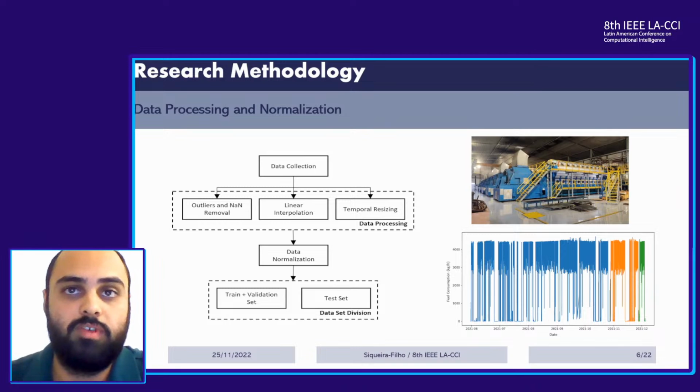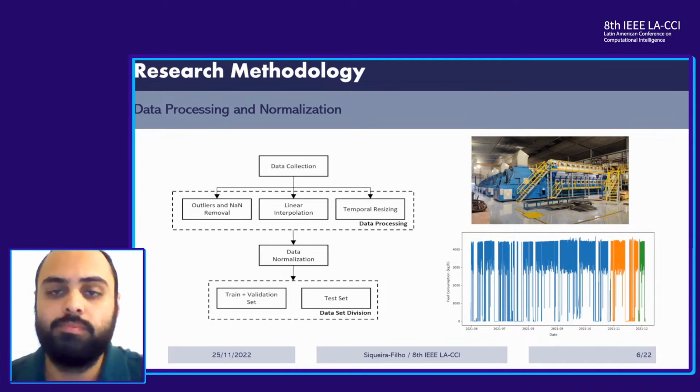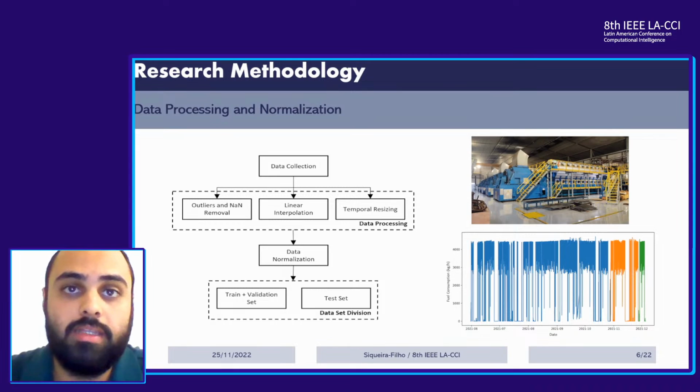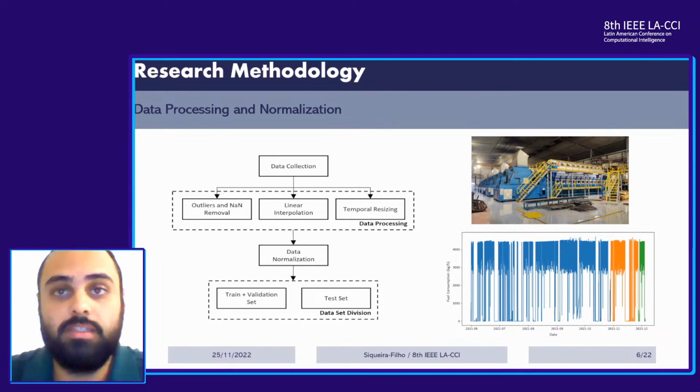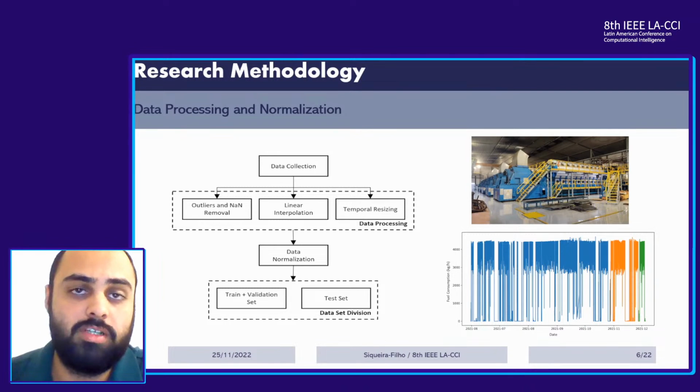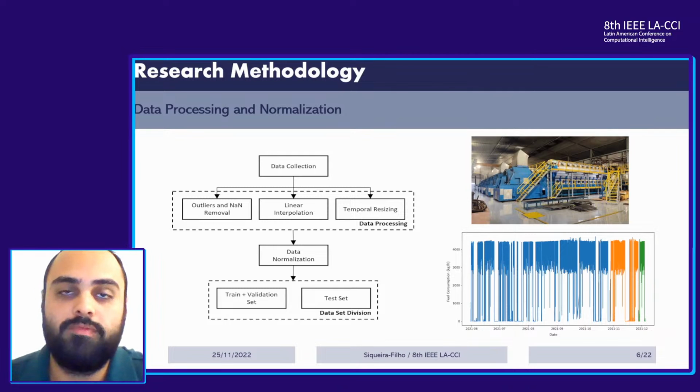It's a requirement for time series forecasting. After that, data normalization was performed on the values between 0 and 1. And finally, the data was divided into training, validation, and testing sets. For this work, the last engine operation was separated as a test set, while the rest of the data was applied to the training and validation sets.